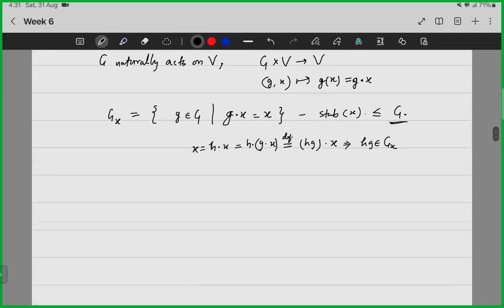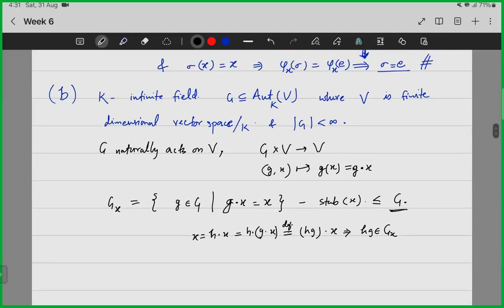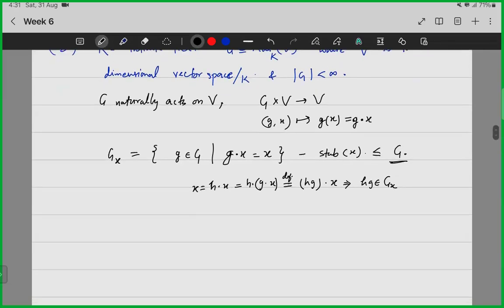Now we have to show there exists some element of the vector space V for which the stabilizer is only identity. No other element of G fixes x. How will we do it? Because G is finite, let's write G equal to g1, which is identity, g2, up to gk.